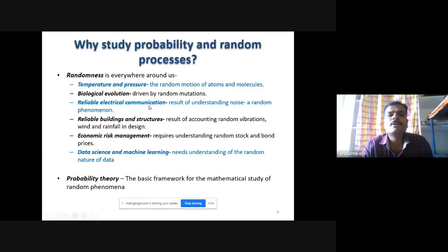And then when you come to communication, a very familiar example: on a daily basis we use communication systems like our cell phones, satellite communication, direct to home television. These are all communication channels, and in order to transfer information from one place to another, we have to understand a basic phenomenon known as electrical noise.